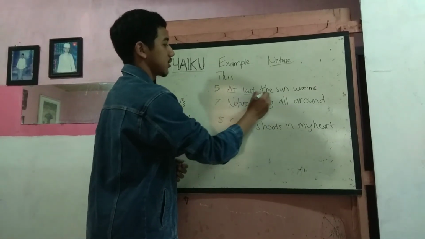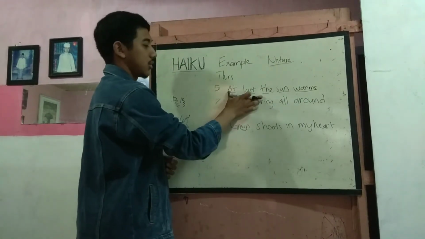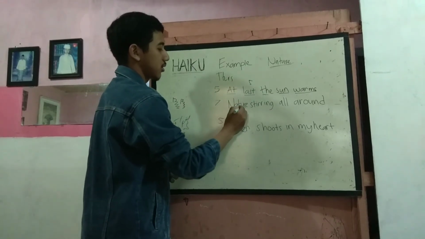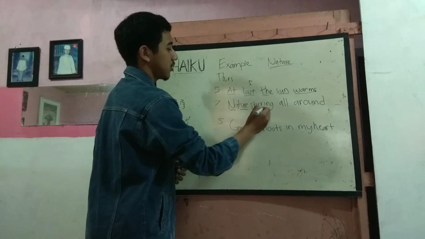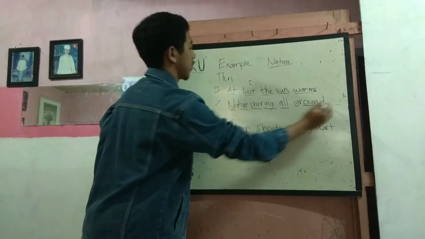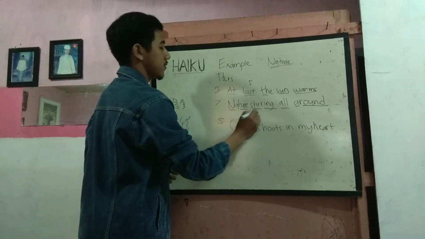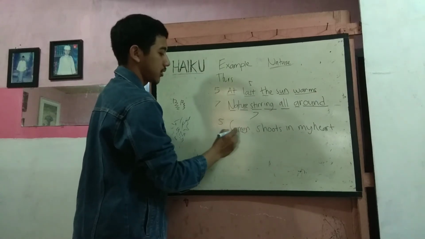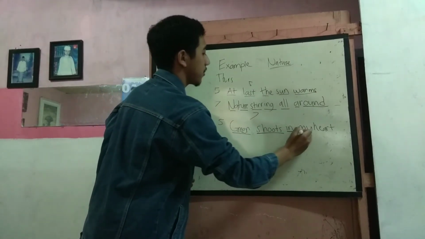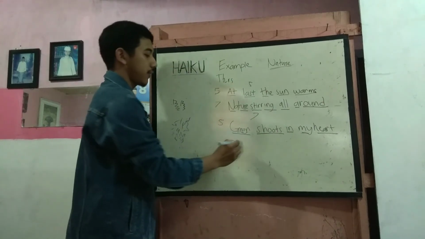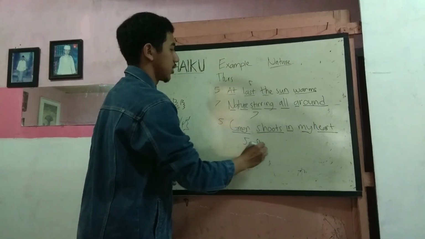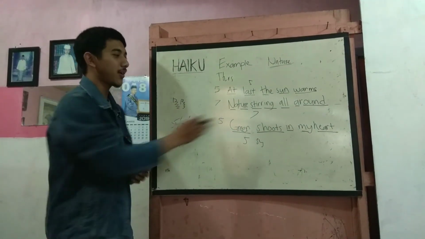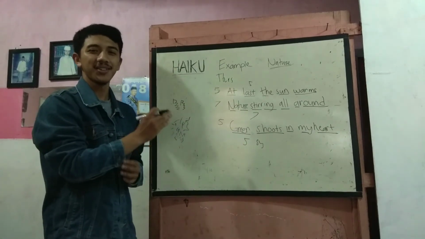At last, the sun rose. The sentence has 5 syllables. And the second, nature stirring all around. Yes, we have 7 syllables. And the third line, green shoots in my heart. We have 5 syllables, so we can identify this poem as a haiku poem.